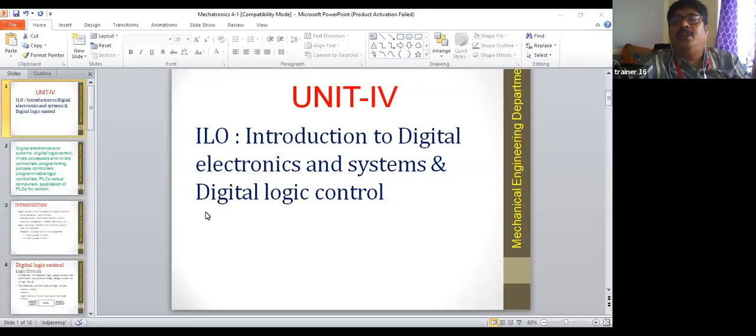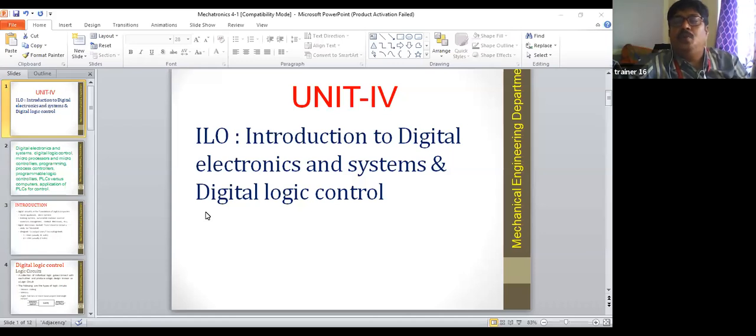And we discussed diac, triac, right? And operational amplifiers, different types: differentiator, integrator, differential amplifier, buffer amplifier. And we discussed filters also, right? Filters: low pass filter, high pass filter, band pass filter, band stop filter. So these are all in unit 2.